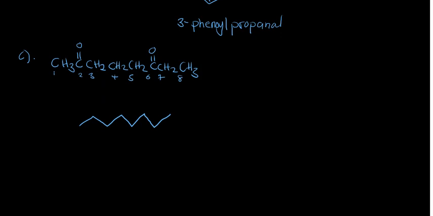Then on carbon number 2 you have a carbonyl group, and on carbon number 6, another carbonyl group, like that. From here you can clearly see the functional groups which are present, which are all ketones. If you have two ketones, it is called a dione. The number of carbons present is 8, so it's an octane.